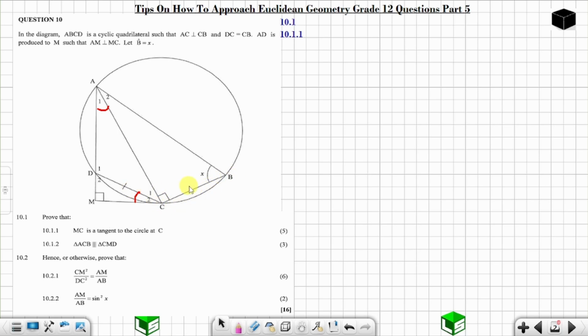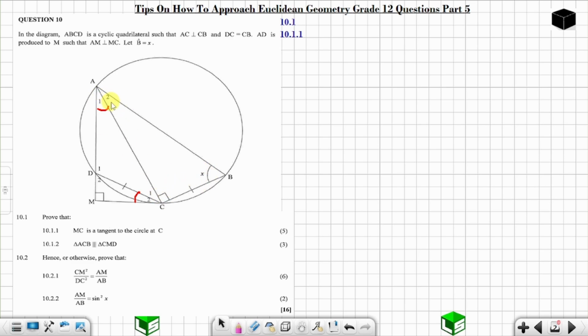You can see you are given DC is equal to CB. So these two chords are subtending equal angles. Angle A1 is equal to angle A2. So we can find the angle A2 easily. From there, we know what the angle A1 is. So let's find the angle A2 because we have enough information.